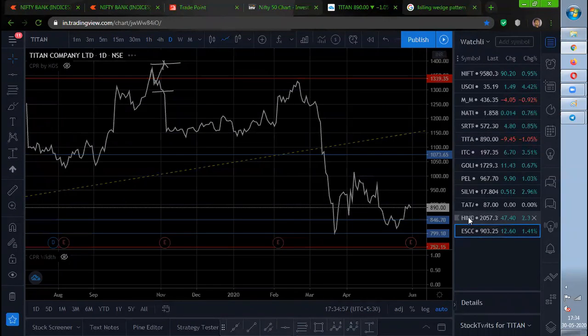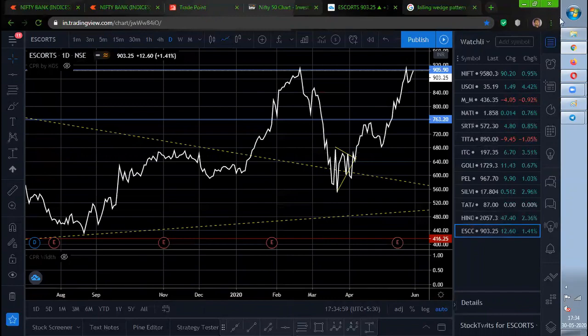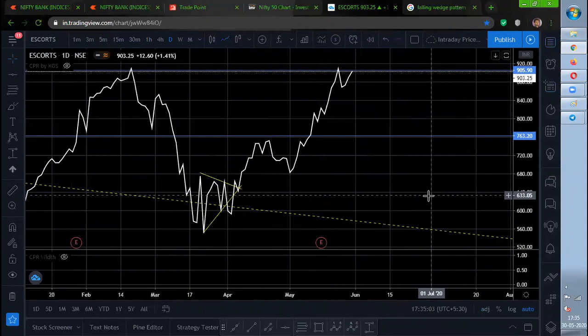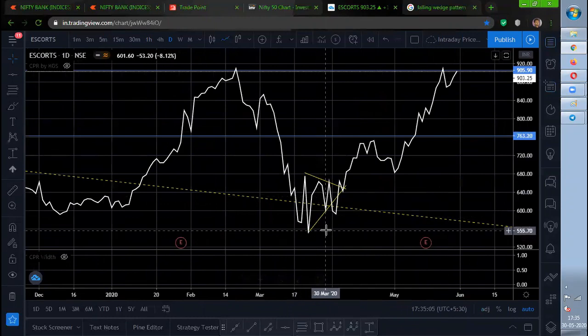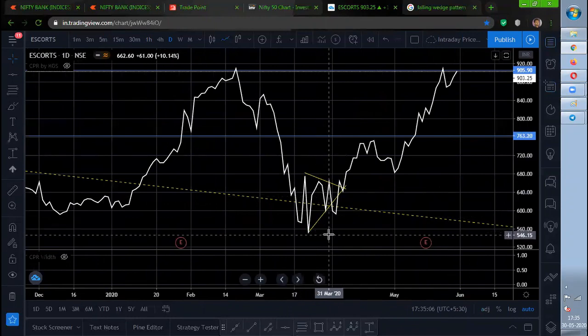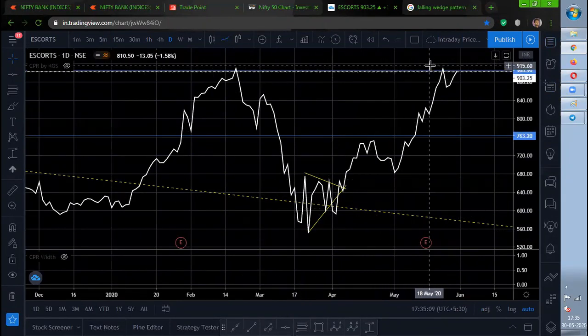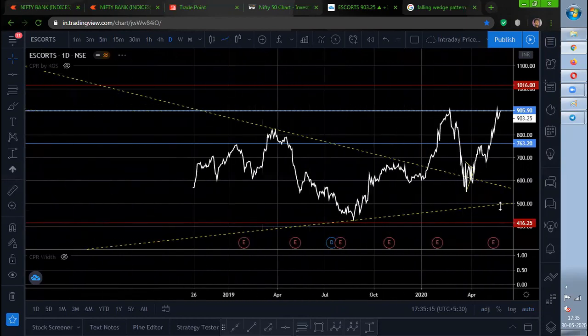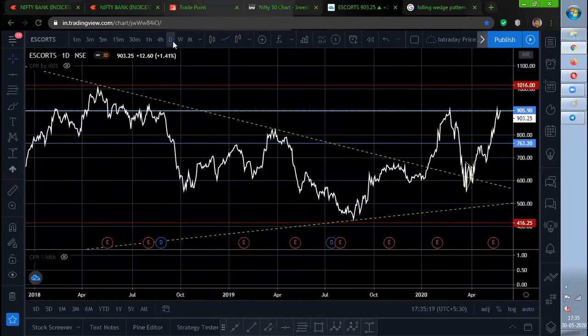If you see Escorts now, bro, just to see from where it has gone to where. I have just drawn it also. From the bottom of 545, it has gone to 915, nearly double. If you want to hold such long trades, you have to analyze in day time frame or hourly time frame.